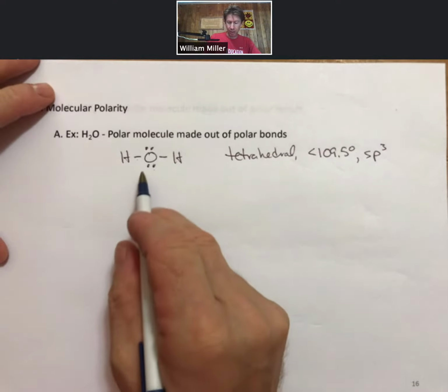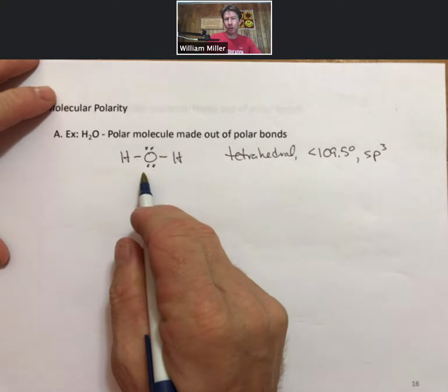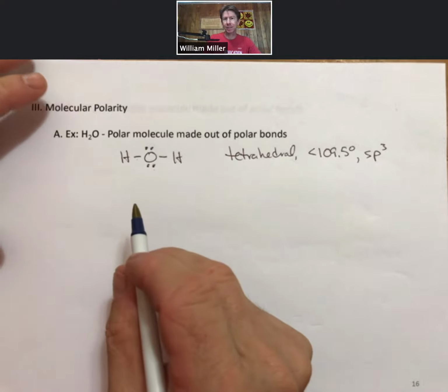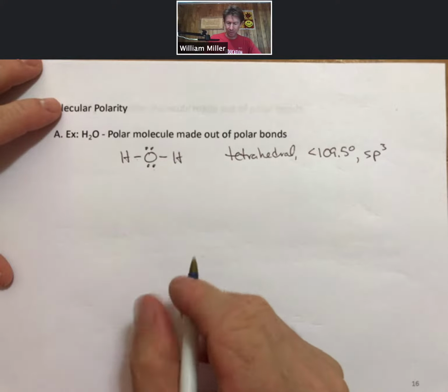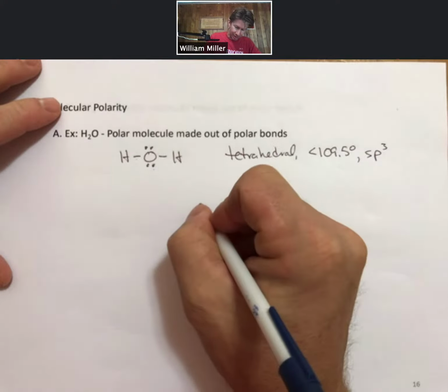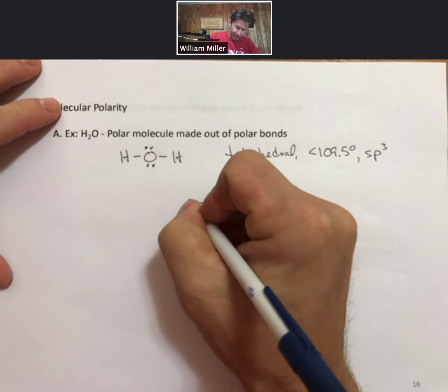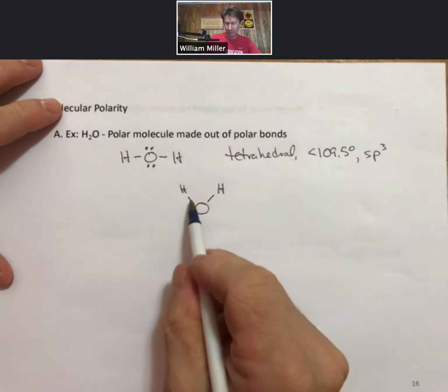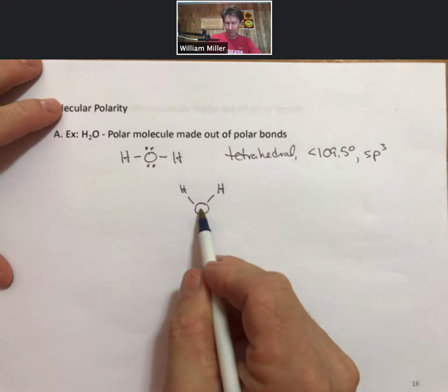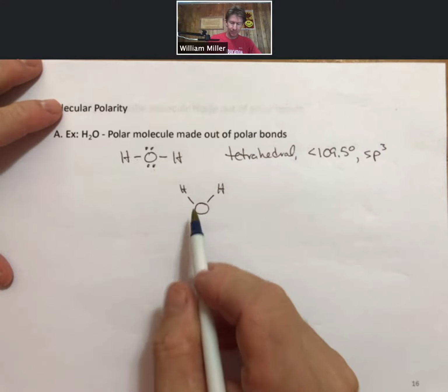We have drawn the H2O molecule in its correct electron geometry, tetrahedral, and what we saw was that there are 2 electron pairs, and we will now draw it a little bit differently. I'm going to draw it O, and then H, H, and again this bond angle should be a little less than 109.5.